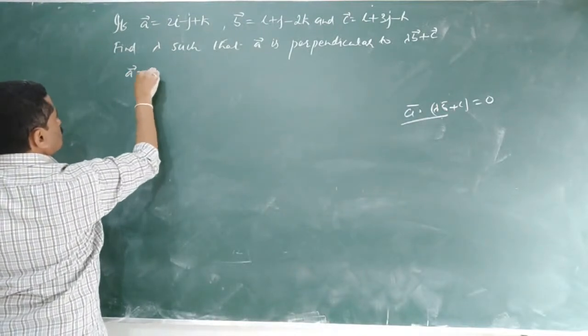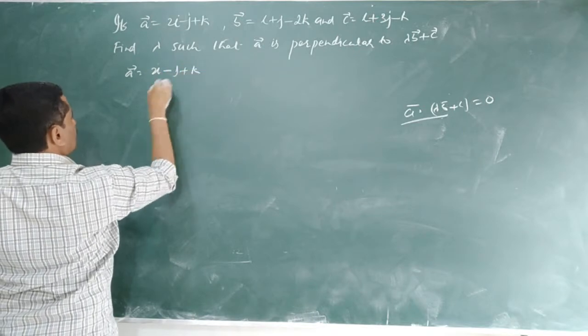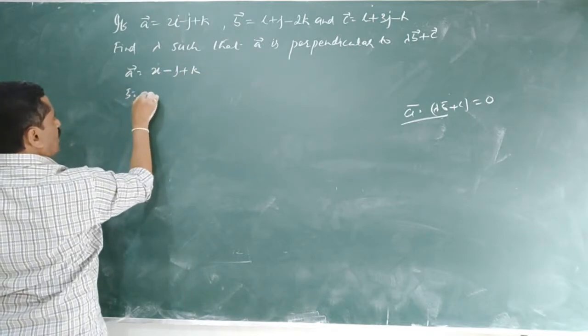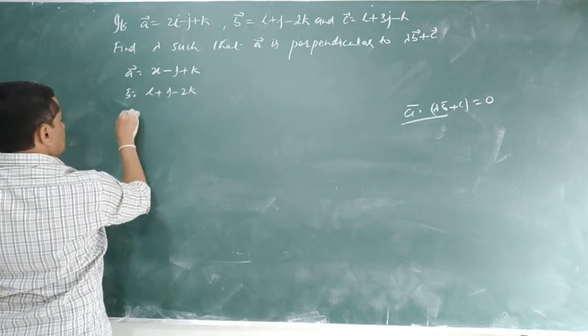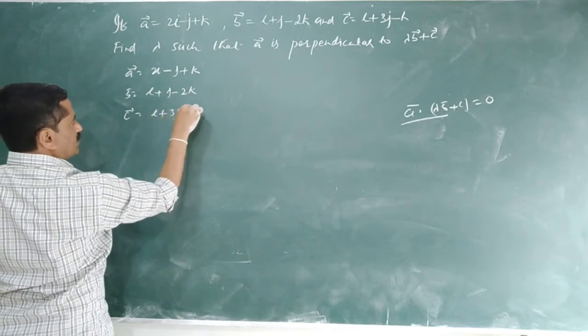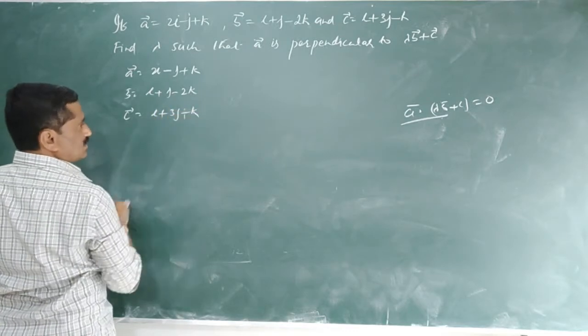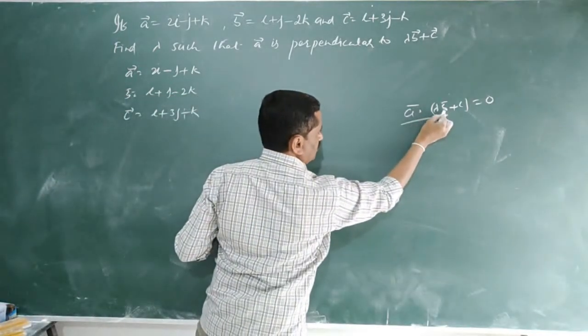So given a bar is equal to 2i minus j plus k, b bar is equal to i plus j minus 2k and c bar is equal to i plus 3j minus k. So now I will find first lambda into b bar plus c bar.